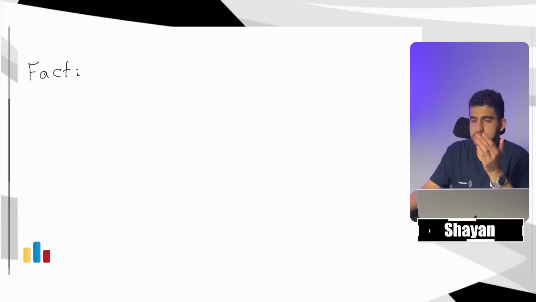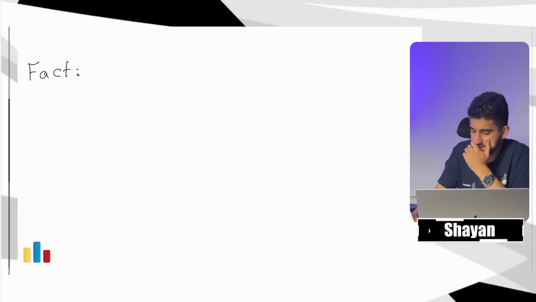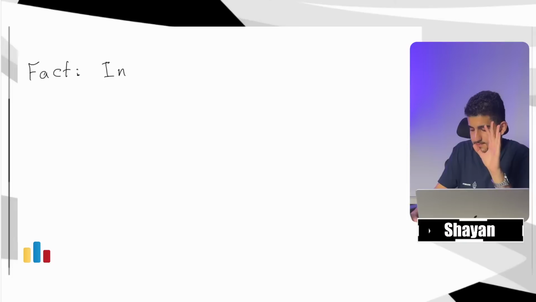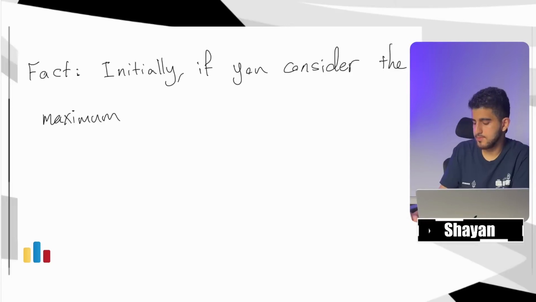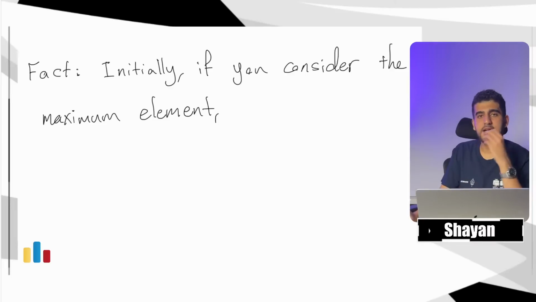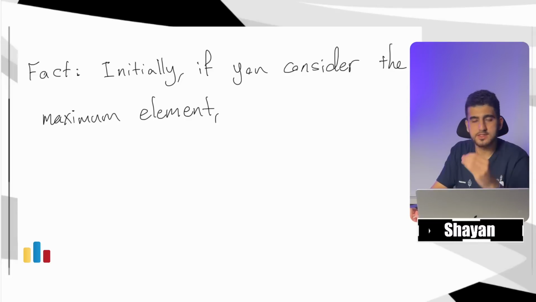The point is that if you consider, just initially, the element that has the maximum value, that element will always remain as the maximum element.